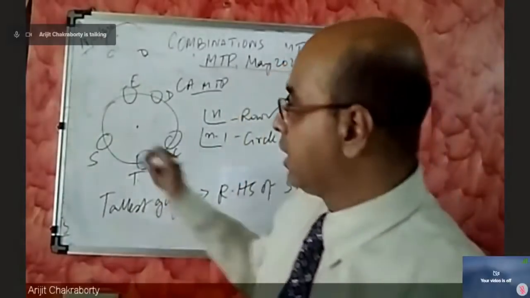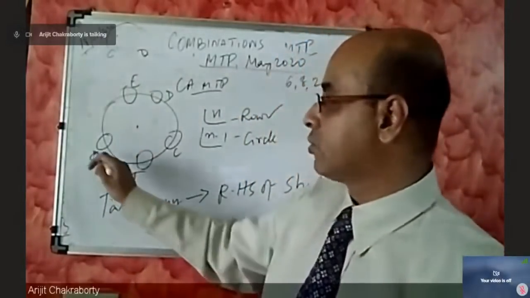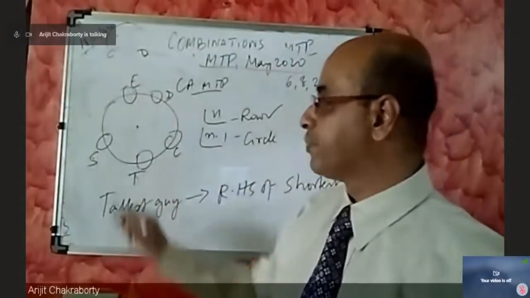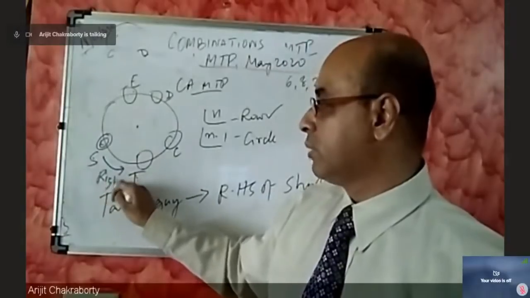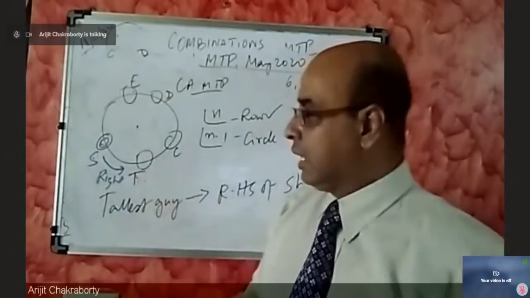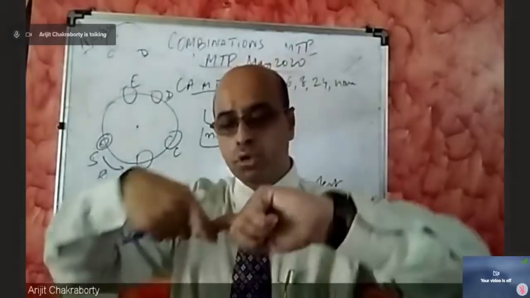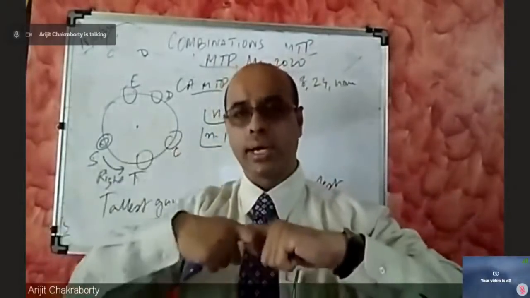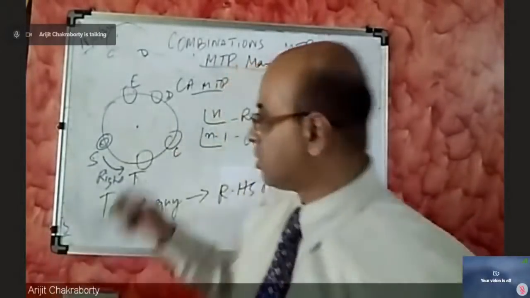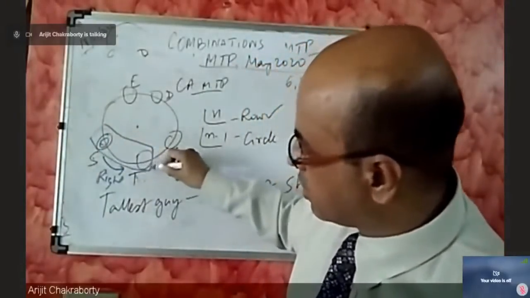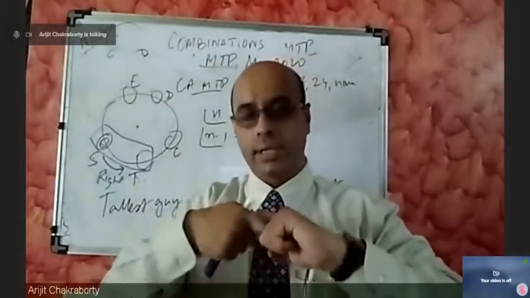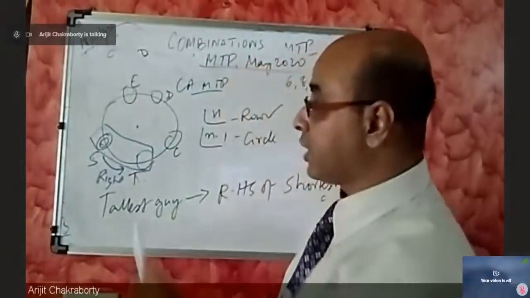So we have S, T, C, D and E. The shortest person S, and to his immediate right, the tallest person T. First, let us assume them to be 1 unit, together. So I make a box to show S and T are together. Now they are 1 unit.